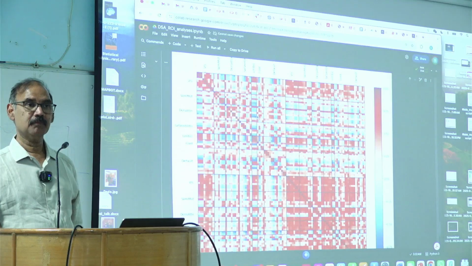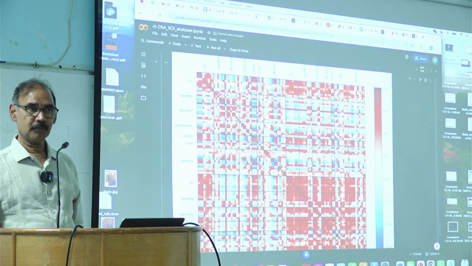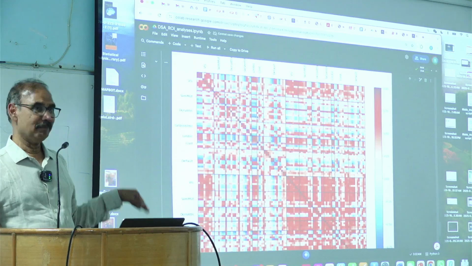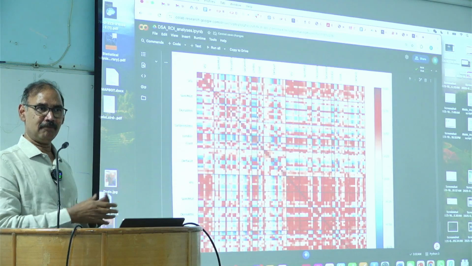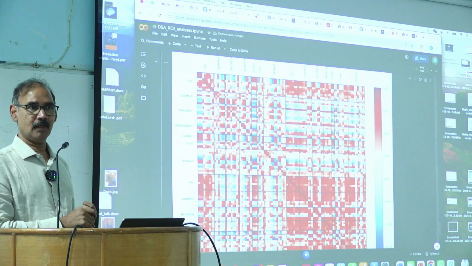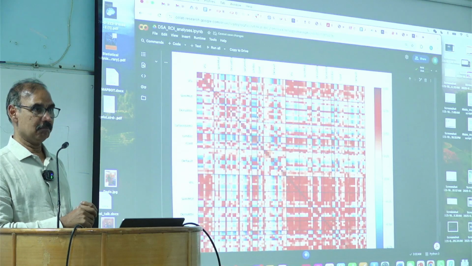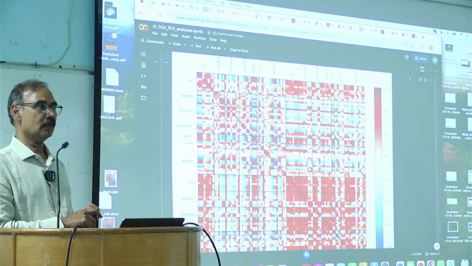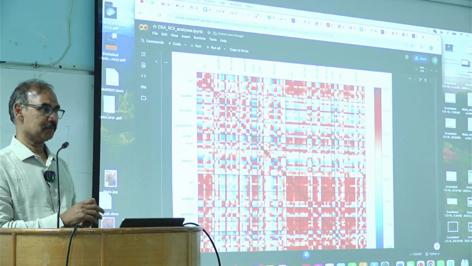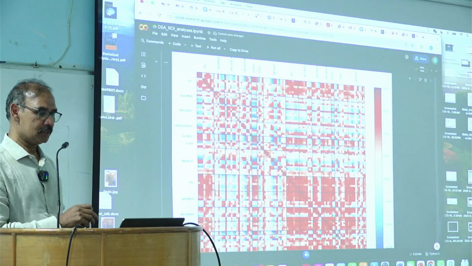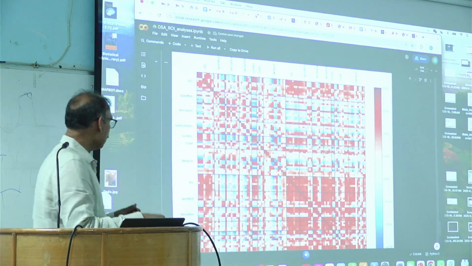In case of seed-based, we have one region of reference and it is correlated. Right. So in this matrix, if I take one column or one row, that will be one seed-based analysis. Very good.